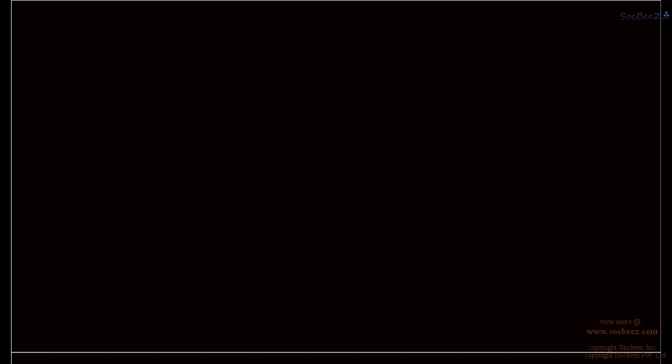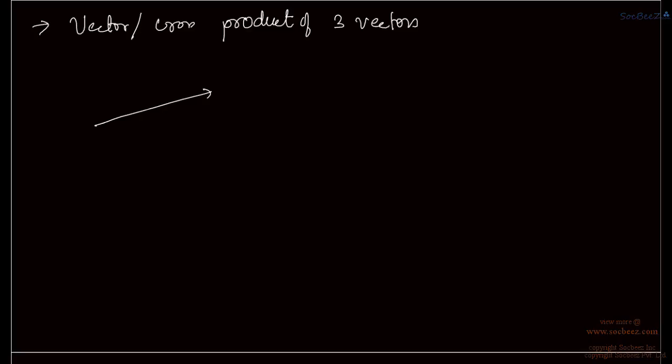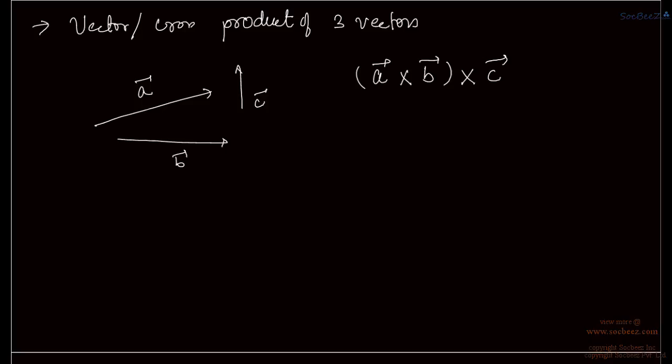Now for the vector product, or cross product, of three vectors. Say we have three vectors, vector A, vector B, and say vector C is out of the plane, something like this. So we define the cross product of three vectors as A cross B cross C, which is not the same as A cross B cross C with the brackets placed differently.